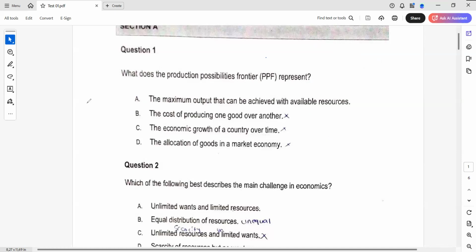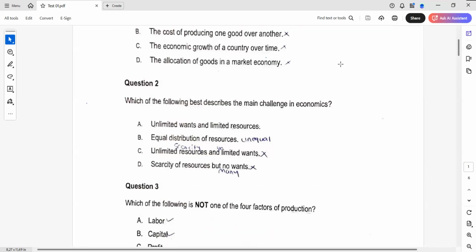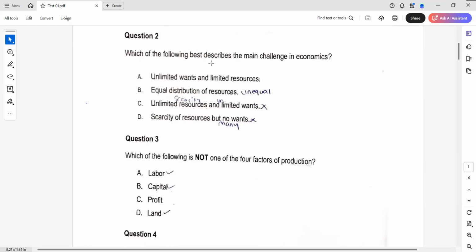So number two is saying, okay, why does my thing not want to move? Okay, number two is saying, which of the following best describes the main challenge in economics? So what is the main challenge in economics? In economics, we call it the central economic problem.